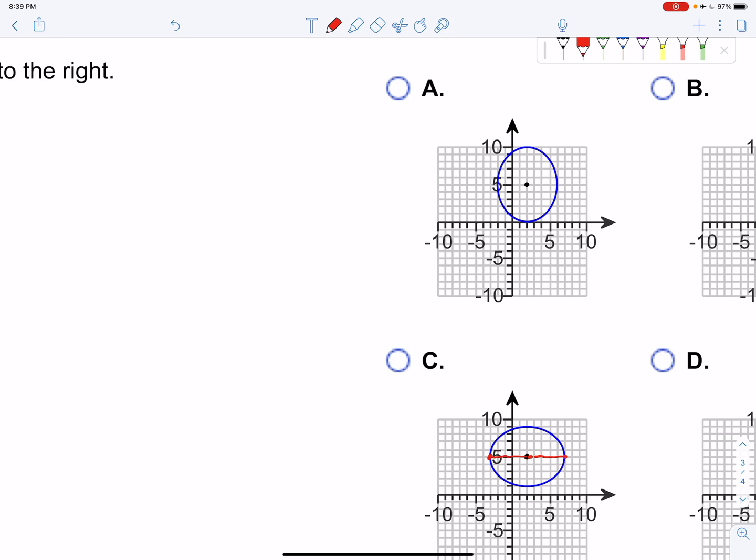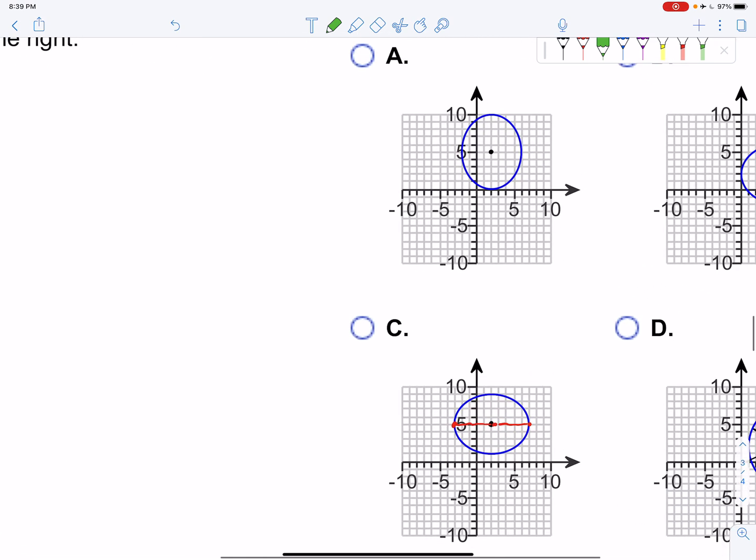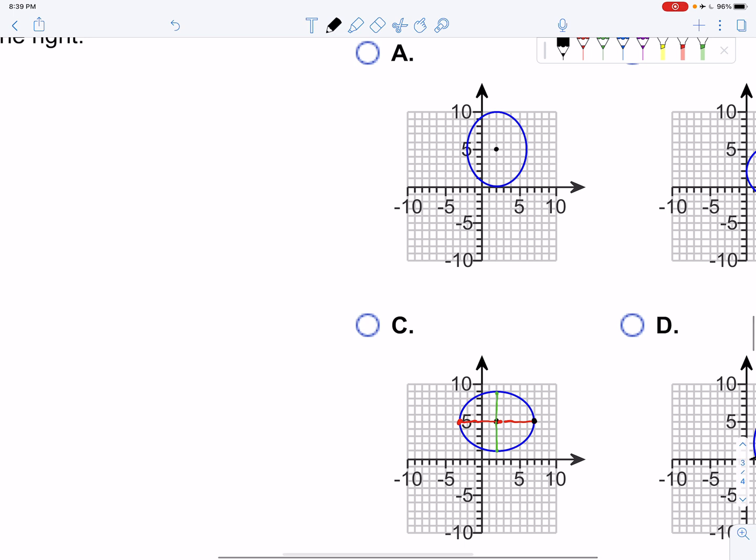And then under the y value is 4 squared, so I must go up 4, 1, 2, 3, 4, and then down 4, 1, 2, 3, 4. And then that gives me my points, my vertices this way, and it gives me my points that I could then graph my ellipse. So this must be C.